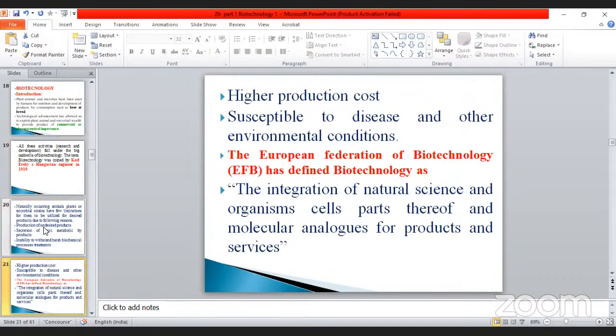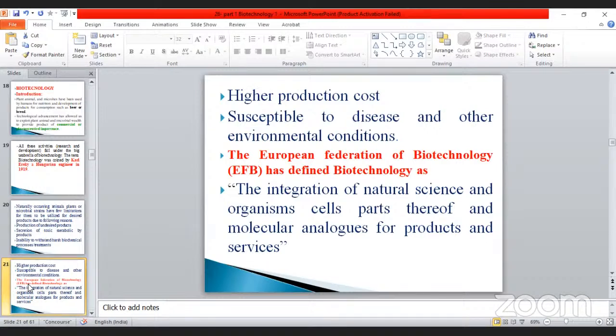Then the European Federation of Biotechnology, EFB, defined biotechnology as the integration of natural science and organisms, cells, parts thereof, and molecular analogs for products and services.